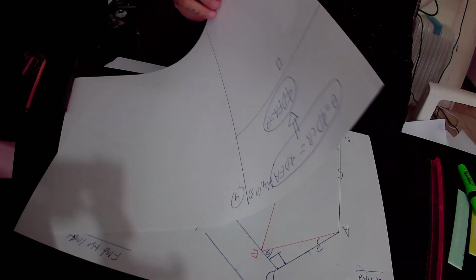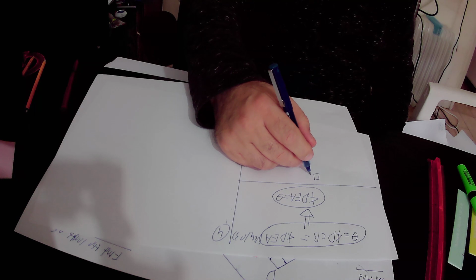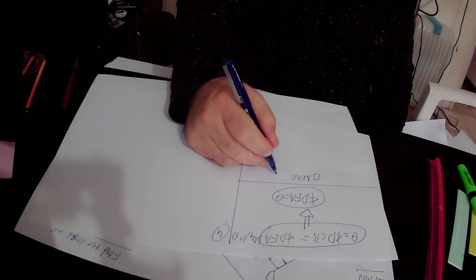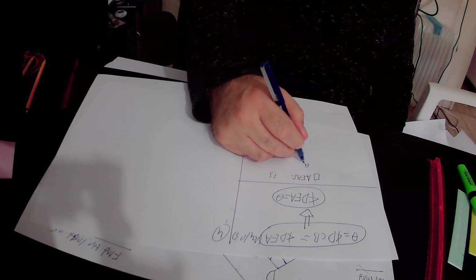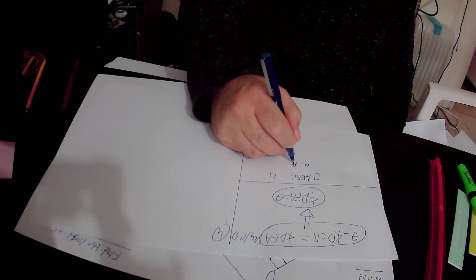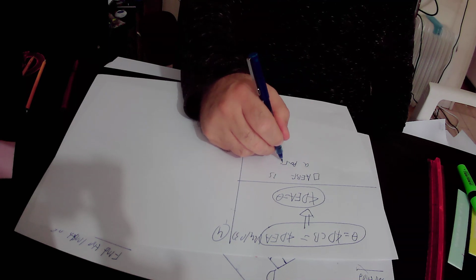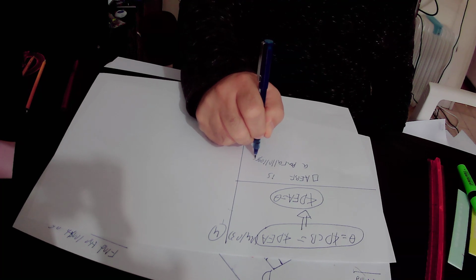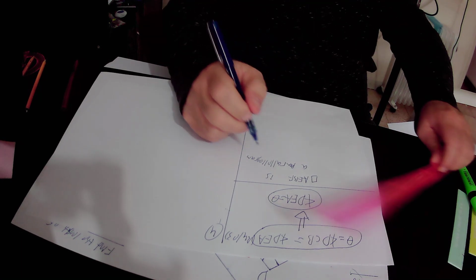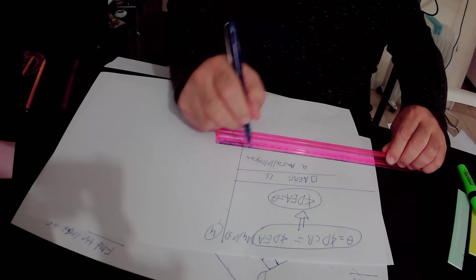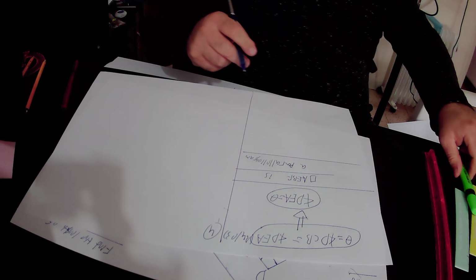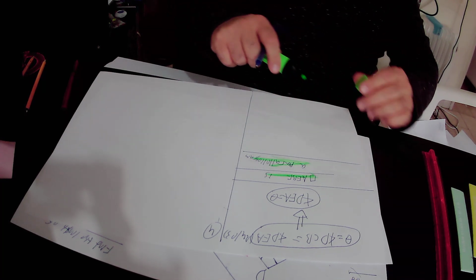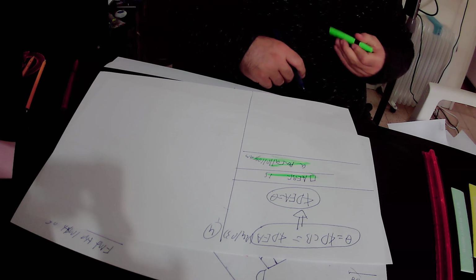Quadrilateral AEBF is a parallelogram, and we have rule number 4.